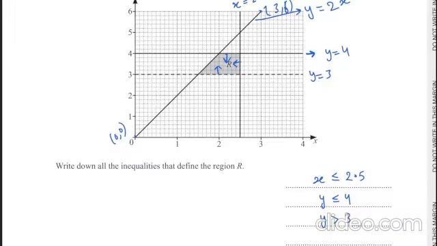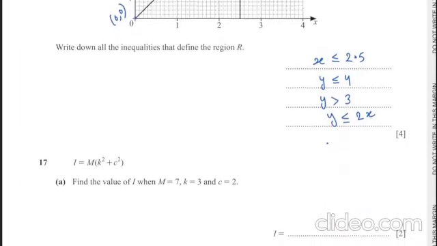And for y equals 2x, this region is below this line, so y will be less than or equal to 2x, a normal inequality again because a solid line is there.